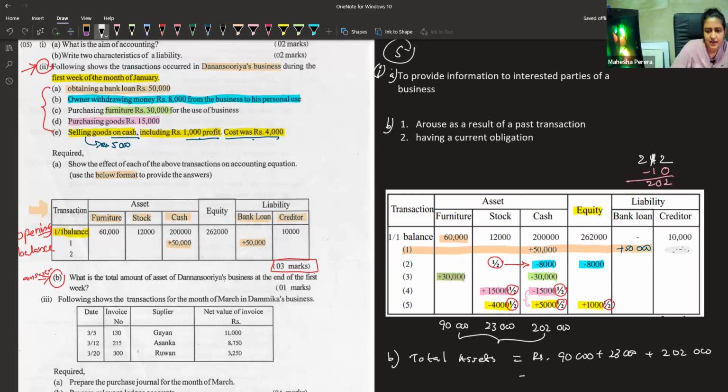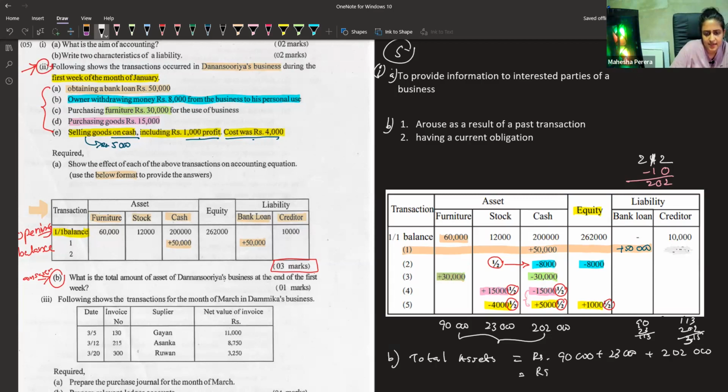Now be careful when adding these. This is written horizontally; if written vertically, adding would be easier. 90 plus 23 is 113. To 113 we add 202. That is 315,000.